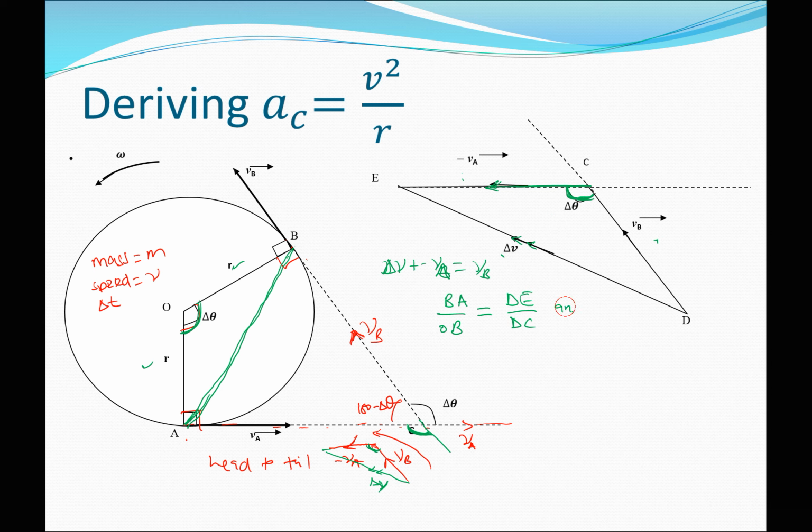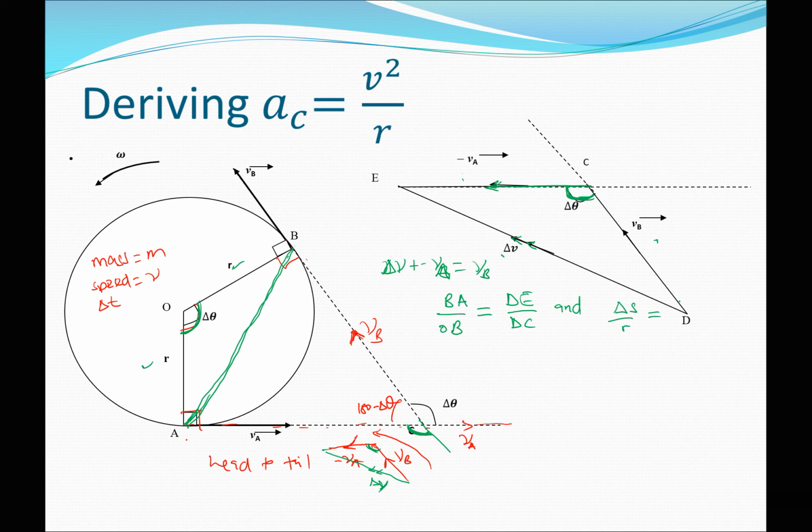And also, I want you to recall that the angular displacement delta theta was equal to delta S, the arc length, over the radius.